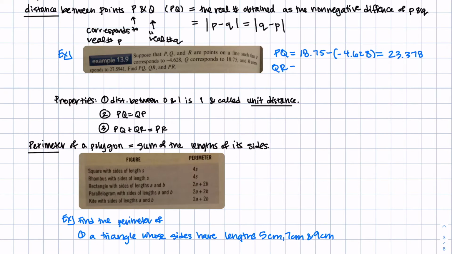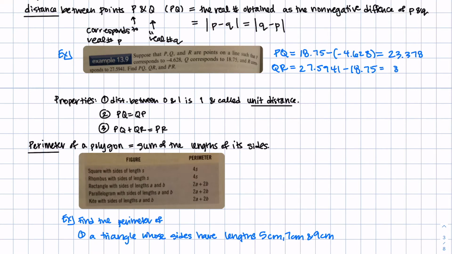And this gives us 23.378. Now looking at QR, again, we're going to take the bigger of the 2 points so that we get a positive length here. So that is 27.5941, and we're going to subtract off, I'm sorry, we're subtracting off Q, which is the smaller of the 2, which is 18.75.